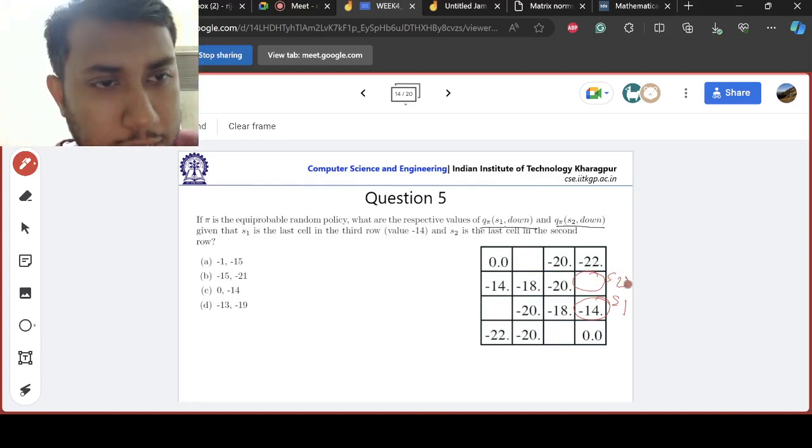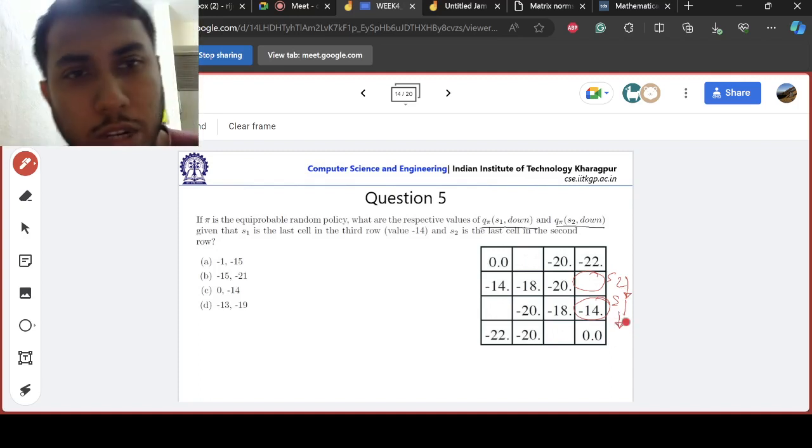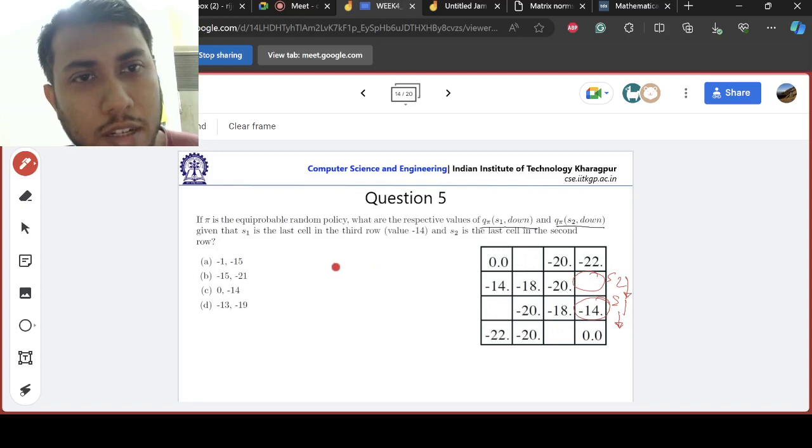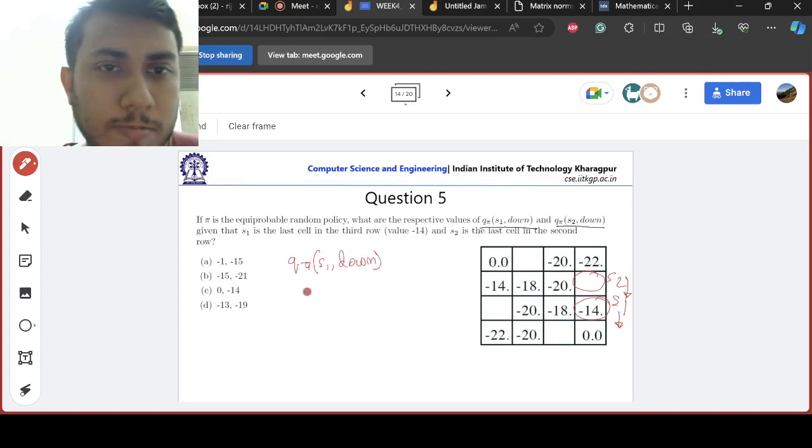So in both cases they are asking what is the value we get by going down. So we have to find q pi s1 down.